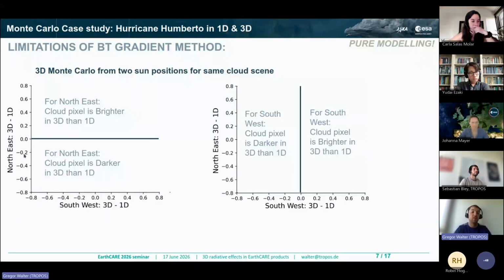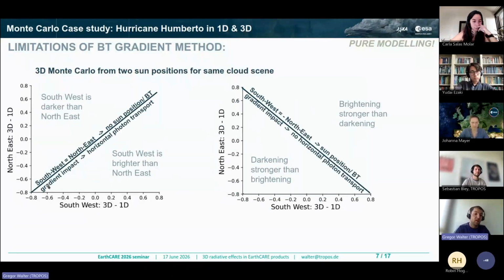southwest perspective, and on the y-axis the northeast perspective. So if it is positive, and in this area, the top pixel is brighter in 3D than in 1D for the northeast, and same for the southwest if we look at the left section. And to also explain the one-to-one line, this means that we have no sun position effects and contributed mostly to the horizontal photon transport.